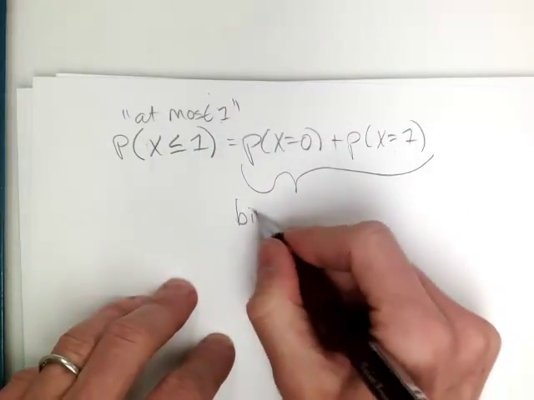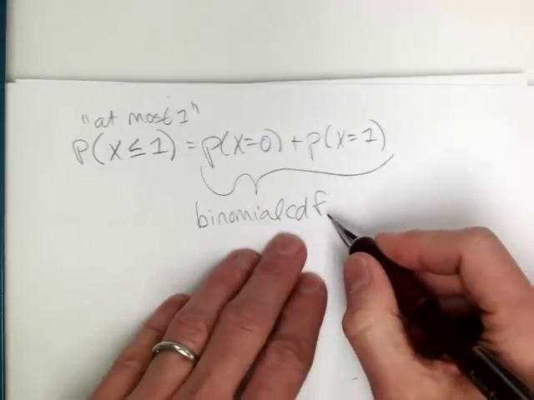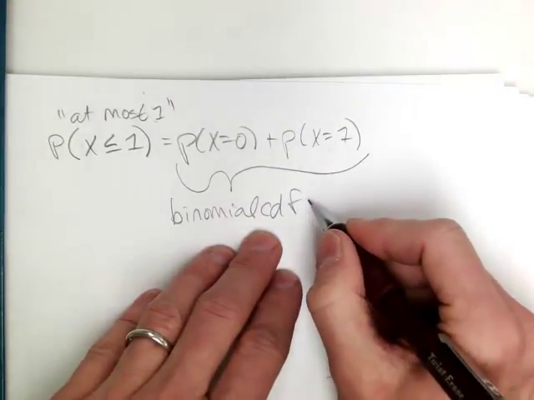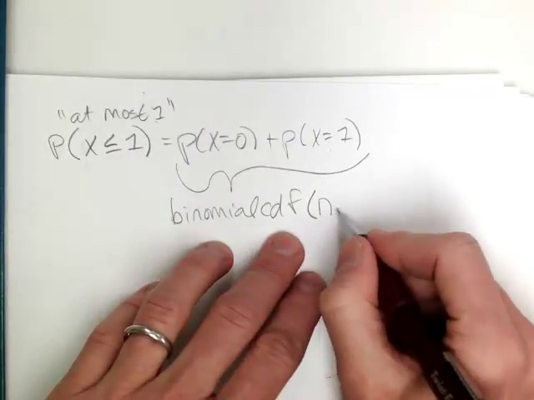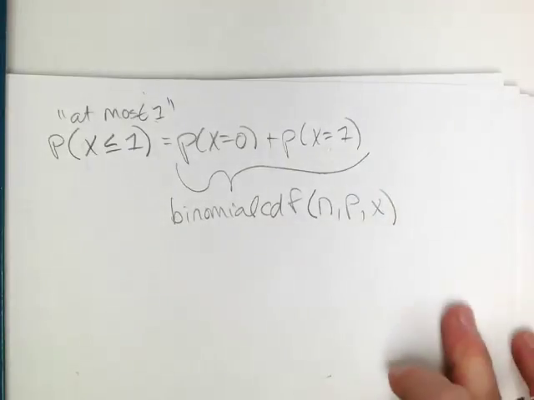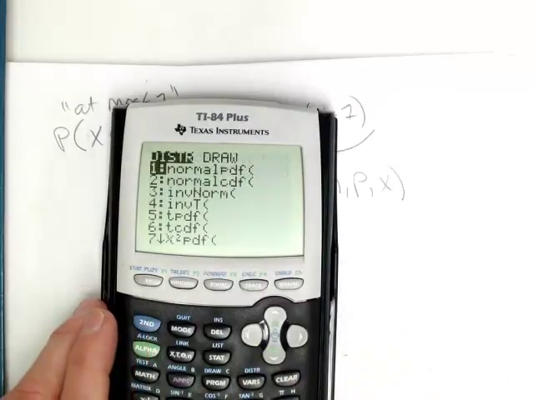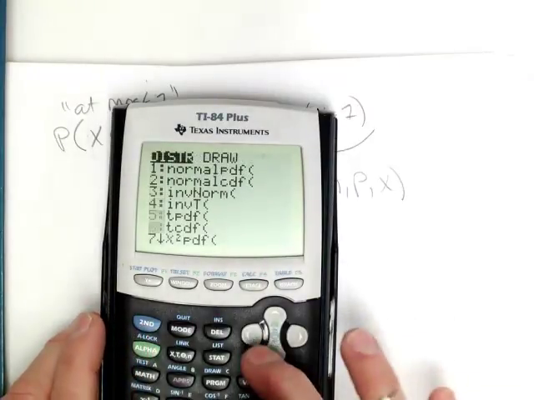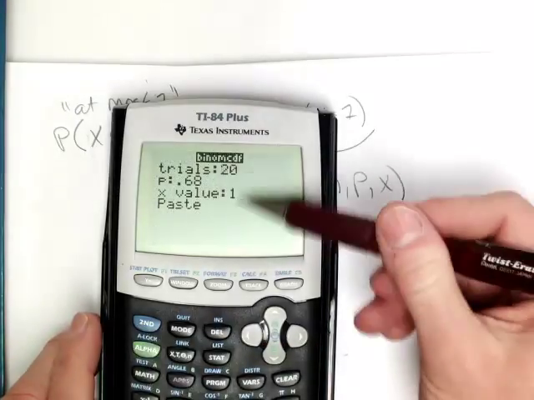If you have an older TI, it will carry you back to the home screen, and you put in N, P, and X. Now I have the newer calculator, so when I go to distribution first, scroll down to binomial CDF, I get the screen.